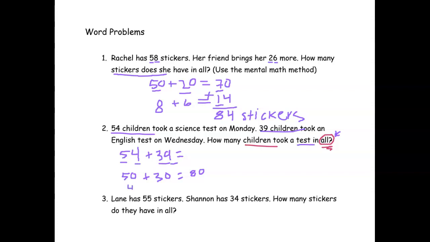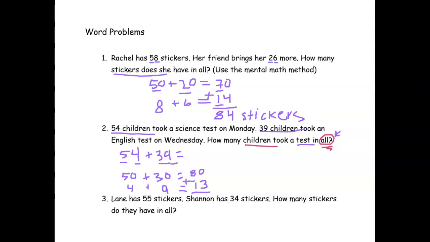So 4 plus 9, what does that equal? Equals 13. Okay, so from this, how do we solve this now? We also add the tens place here.